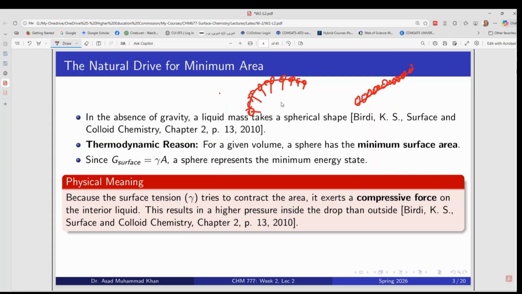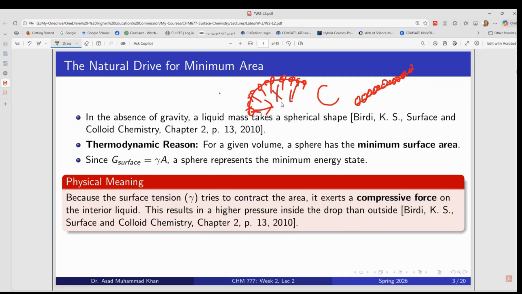Okay, so we are looking at the inward pull. So when it happens, if it is pulled inside, then that will be showing a compressive force. The force will be inward, so it will be compressed. What happens is that the surface area becomes minimum when a sphere is formed.